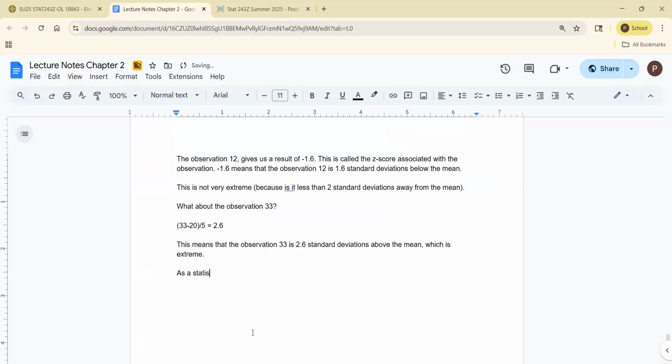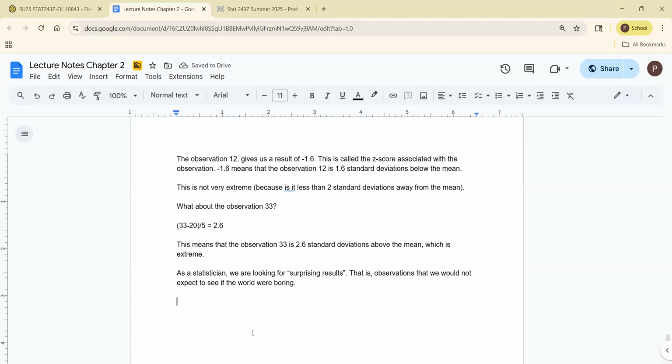As a statistician, we are looking for surprising results. This is something I want you to keep in mind throughout the whole course. What we are really looking for are surprising results, that is, observations that we would not expect to see if the world were boring.